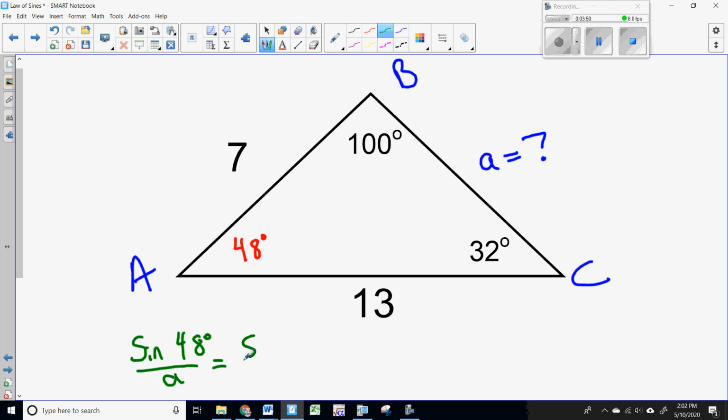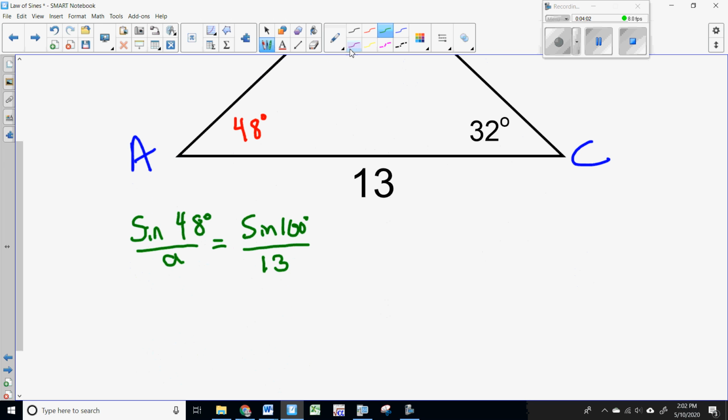So I could say the sine of 100 over 13. Notice this case, I'm not going to use the 32 and I'm not using the 7. That's okay. Now, to solve this, we are going to, as we just said, cross multiply. So this is 13 times the sine of 48 equals A times the sine of 100.